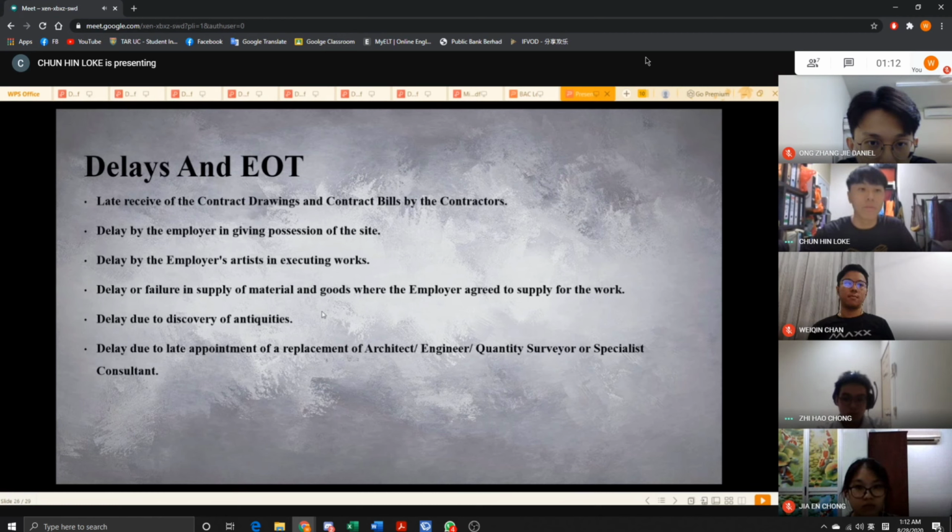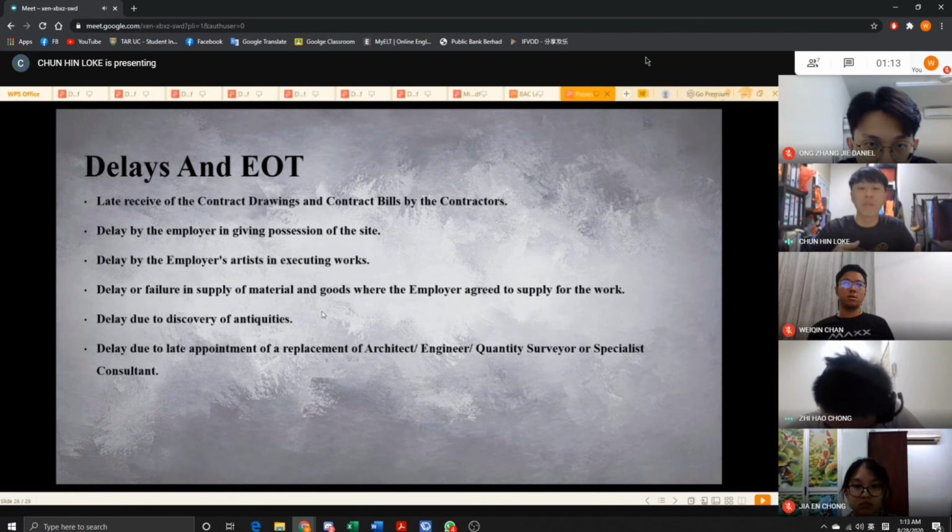After that, a delay by the employer in giving possession of site, delay by the employer's artisans in executing works, delay or failure in supply of materials and goods where the employer agreed to supply for the works, and delay due to discovery of antiquities.